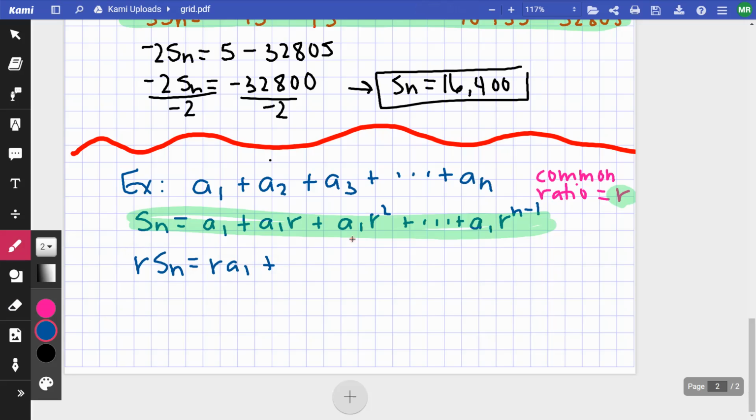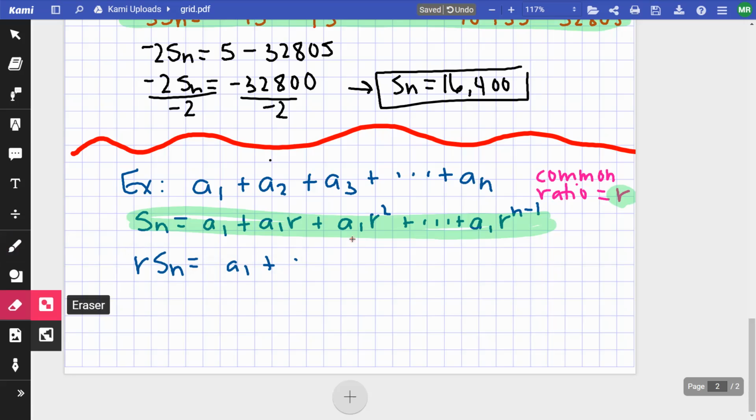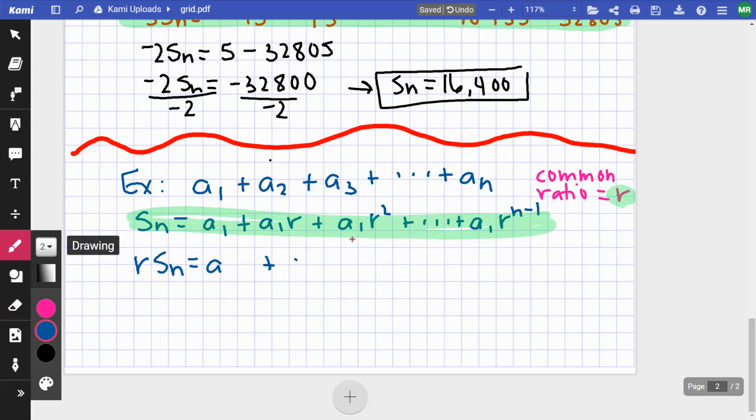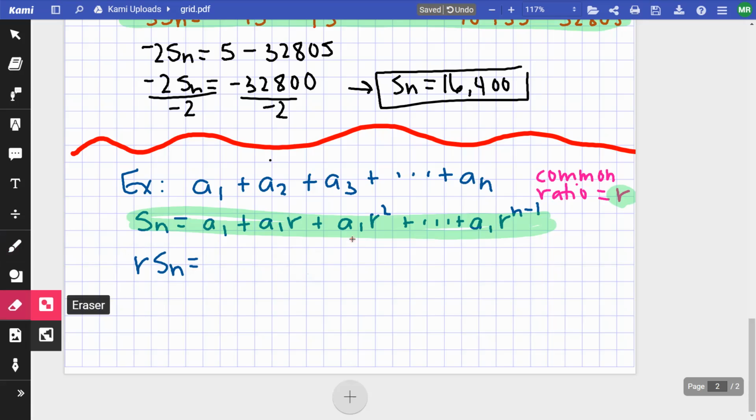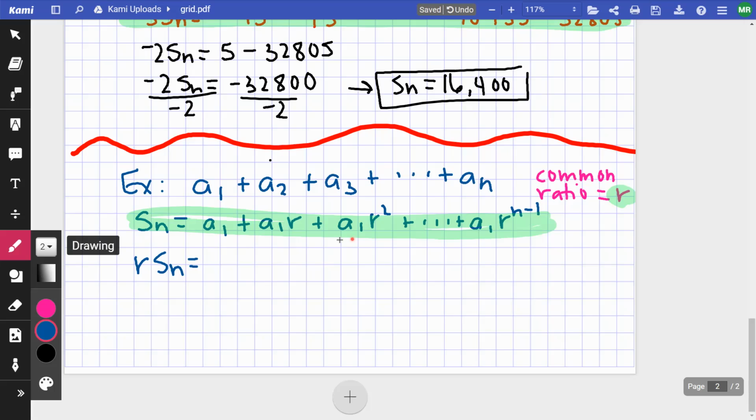I'm going to write it like this. A sub 1 times r. A sub 1 times r to the, and let me line them up. Sorry. So I am multiplying everything in this green equation by r. So this times r is this. This times r is a1 times r. This one here times r is going to be a1 r squared.